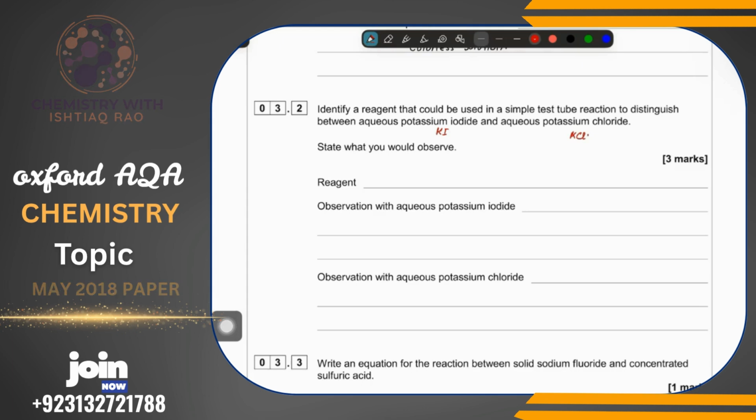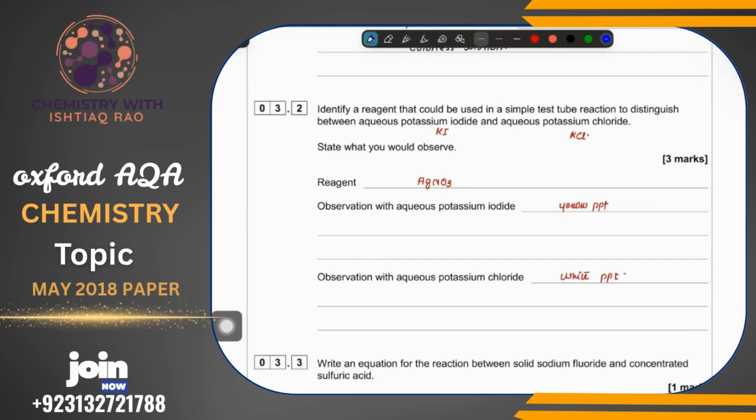For the iodide you're going to get a yellow precipitate, and for the chloride you're going to get a white precipitate.